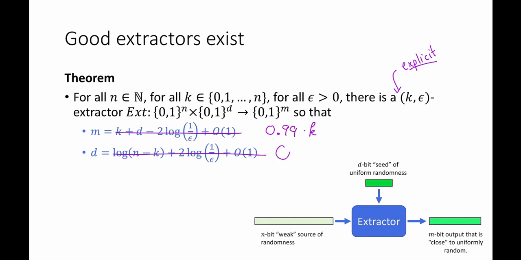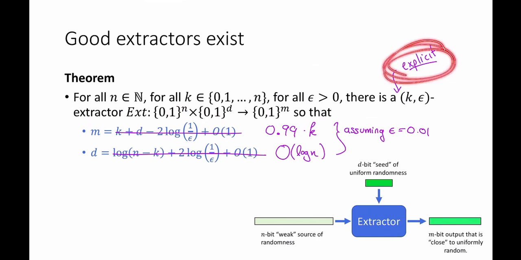And the seed length can be big O of log n. This is assuming that epsilon is constant, let's say 0.01 or something like that. So this is still pretty good. I'm certainly not going to talk about the proof of this theorem, the explicit construction, in this class. It's much more tricky, but see the lecture notes if you want some pointers to it.